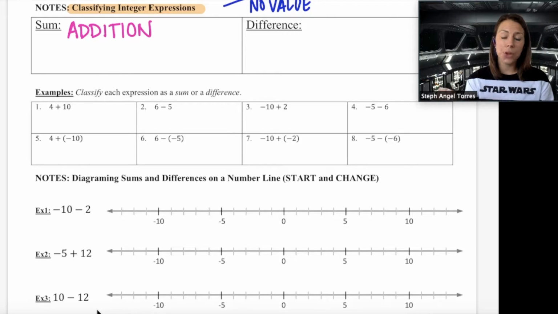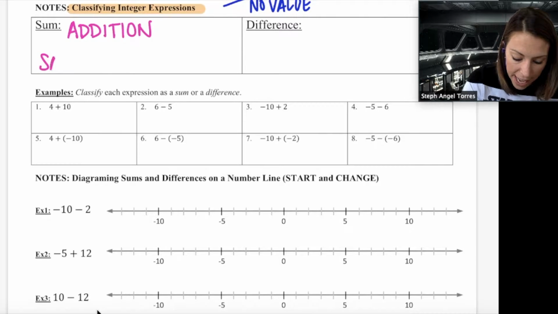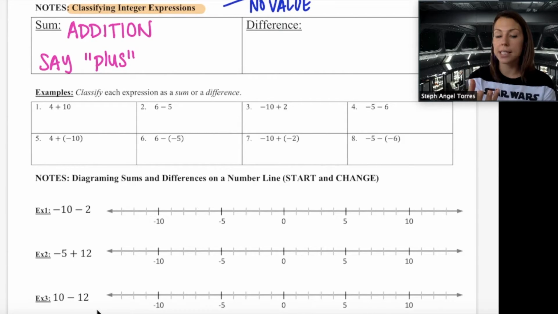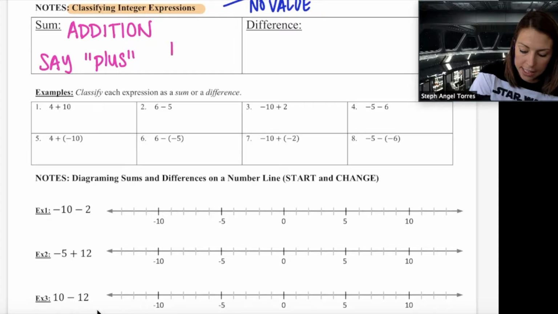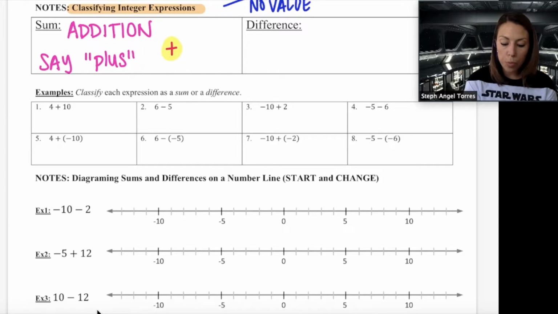Or it's a lot easier to think of it as we say the word plus. If you are saying the word plus, or you see this symbol here, which I will highlight for you, when you see that symbol there, you are reading an expression that is a sum.